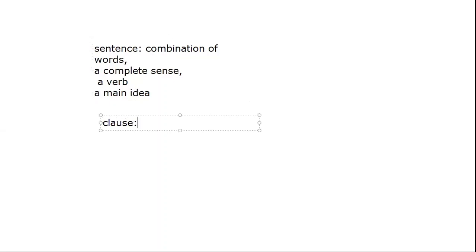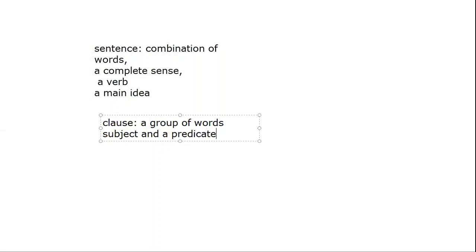A clause is also a group of words, and it must contain a subject and a predicate.